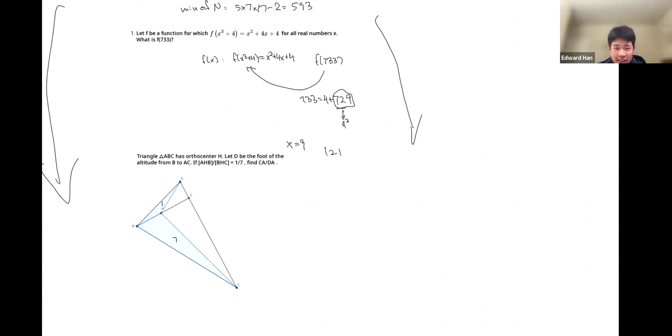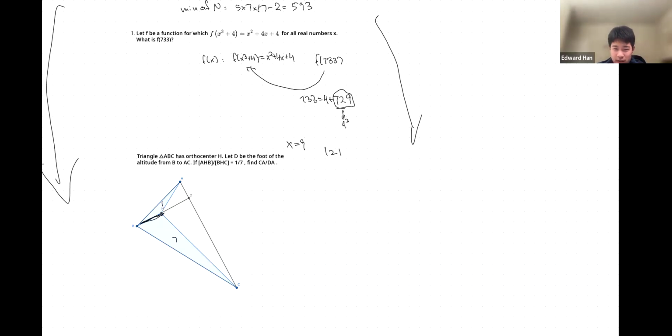Anyways, let's continue on this problem now that our tech issues have been addressed. So here's our triangle again, and you see it has 1 and 7 as a ratio. Both of these triangles share this base here, so we just need to compare their altitudes, and that'd be 1 to 7.